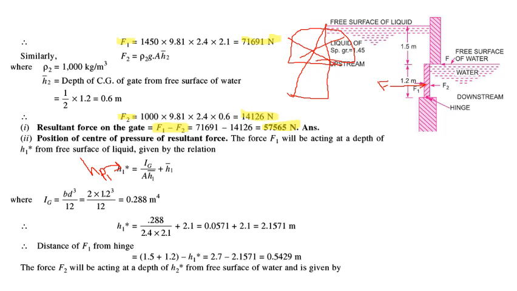So this is IG over AH dash plus H dash. IG is BD cube over 12, where B is 2 and D is 1.2. So here we can put all the values. We had calculated the H dash, which was 2.1 for the first case, so this HP1 is 2.1571 meters.